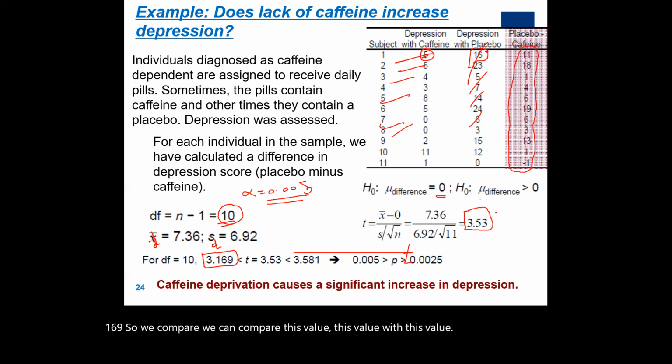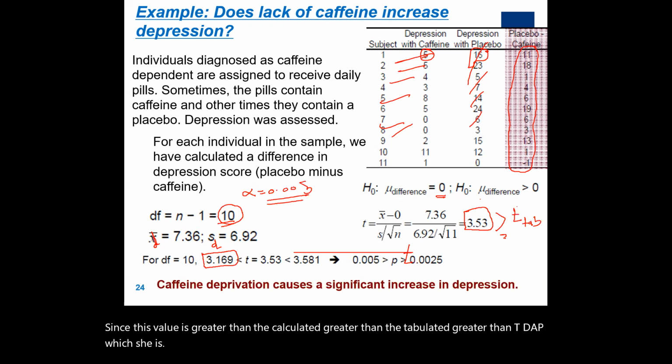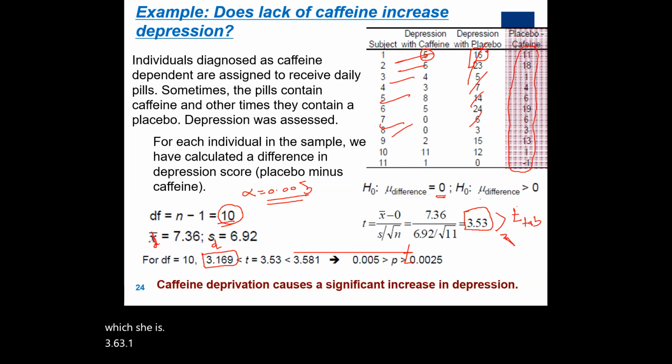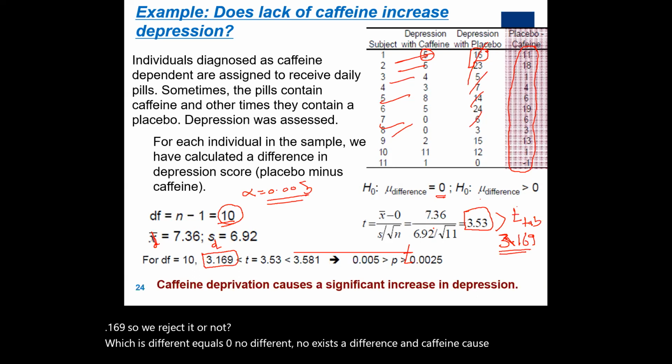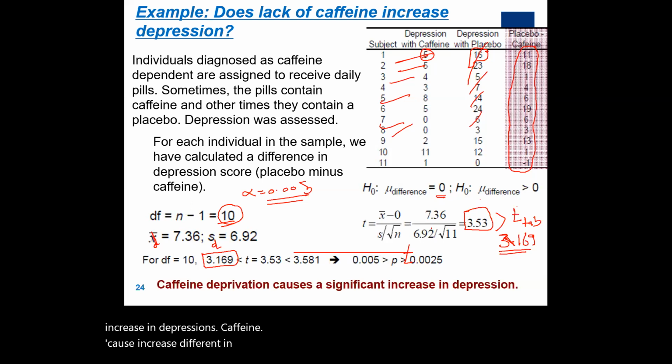Since T calculated is greater than T tabulated, which is 3.169, we reject H naught, which says no difference exists, and caffeine causes a significant increase in depression. Why? Because T calculated is greater than T tabulated.